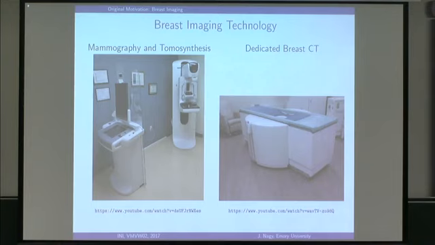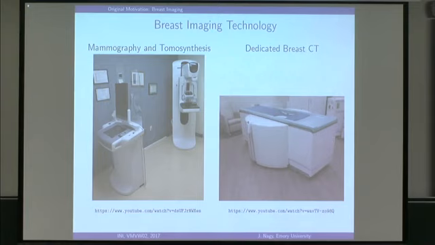In tomosynthesis and mammography, the disadvantage is that you get lower resolution because you have less data to work with. The other disadvantage is that the breast has to be compressed in a plate, which can be uncomfortable. On the other hand, the machine is quite small compared to the CT machine.